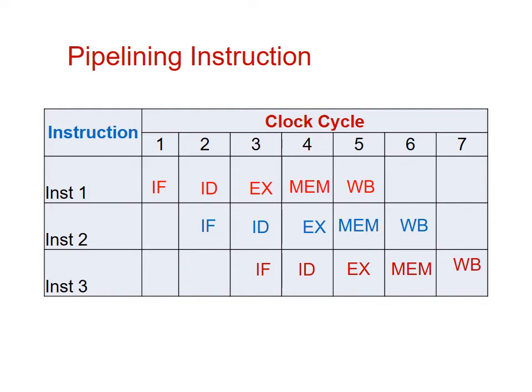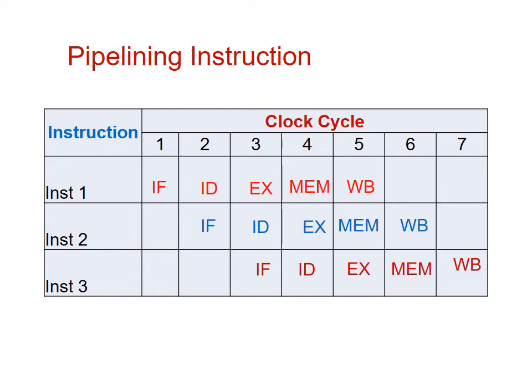But at the same time, instruction 2 can start its work in clock cycle 2, because when clock cycle 2 starts, the first instruction goes to ID, which means the space for IF will be empty. So instruction 2 can start its work from clock cycle 2 and goes on.